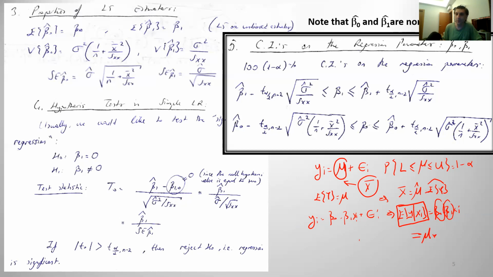This is mu y given xi, similar to the mu value here, right? Or this expected value. And when we determine beta 0 and beta 1 by least squares estimates, what we determine is the expected value of y given xi hat, which is going to be equal to beta 0 hat plus beta 1 hat xi. So what I'm trying to say is that this is equal to, again in another form of showing, mu y given xi hat.